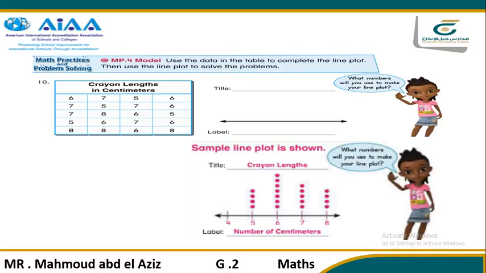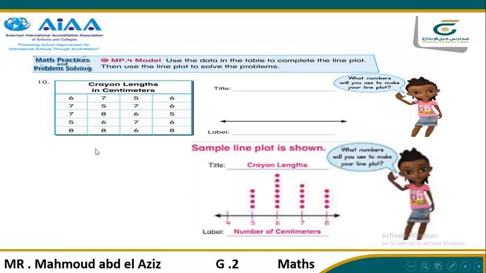If you count these numbers, you will find we have 4 at number 5, so we'll put 4 dots here on number 5.